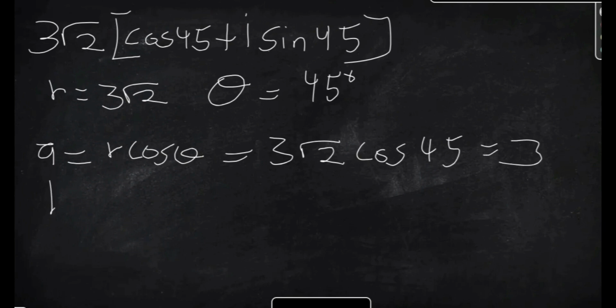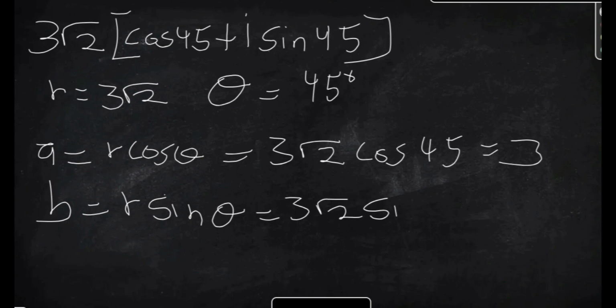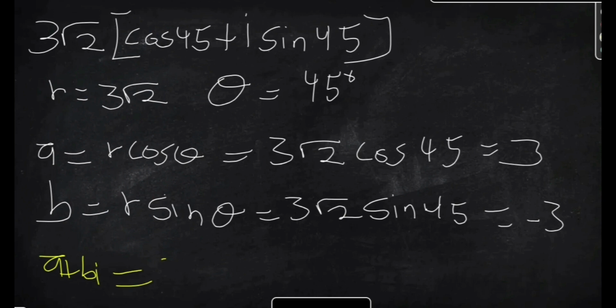And we also have the imaginary part, which is b, equal to r sine theta, which is 3 root 2 sine 45. That also gives a value of 3. A plus bi now becomes 3 plus 3i as the final answer.